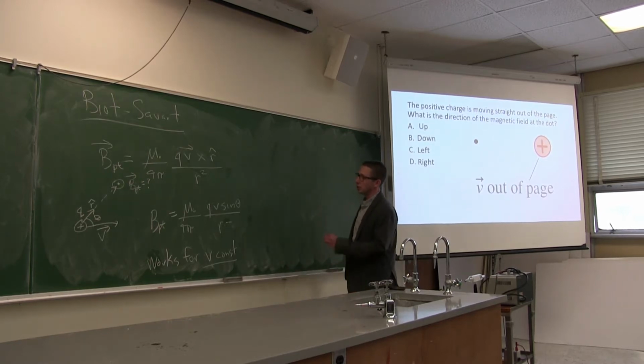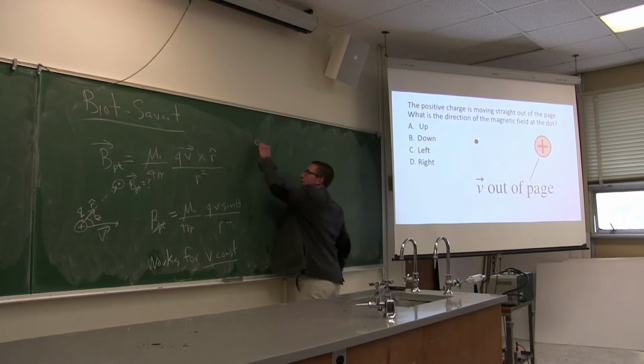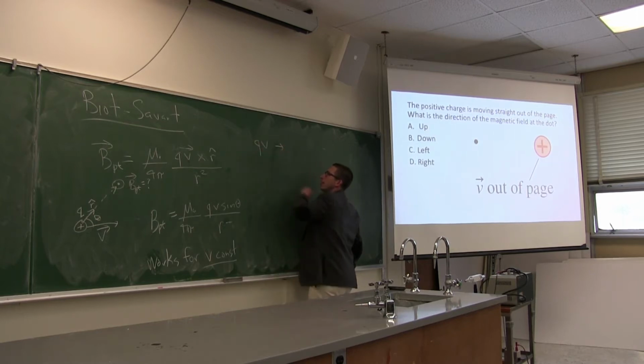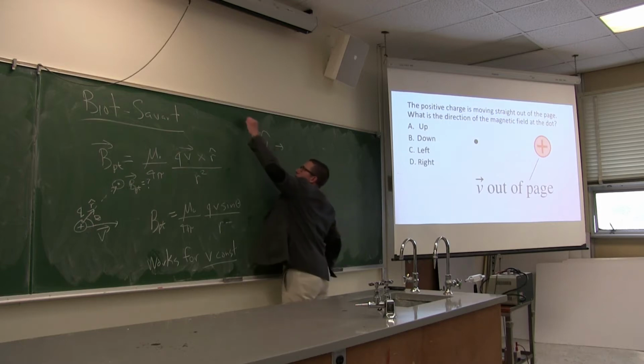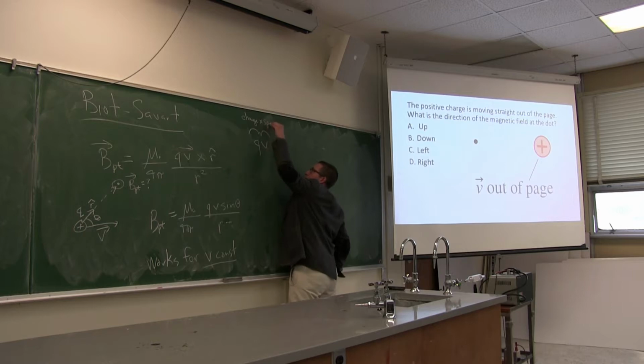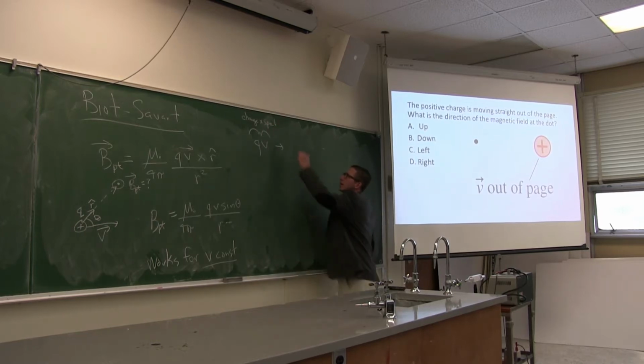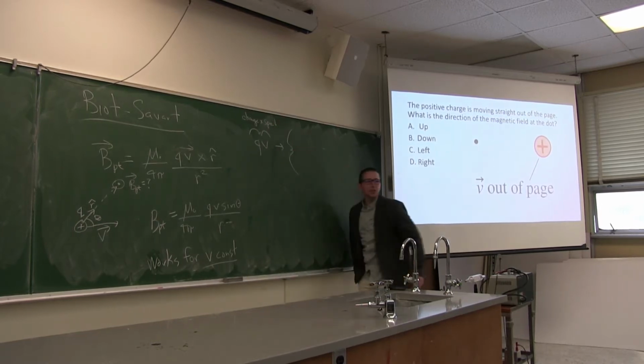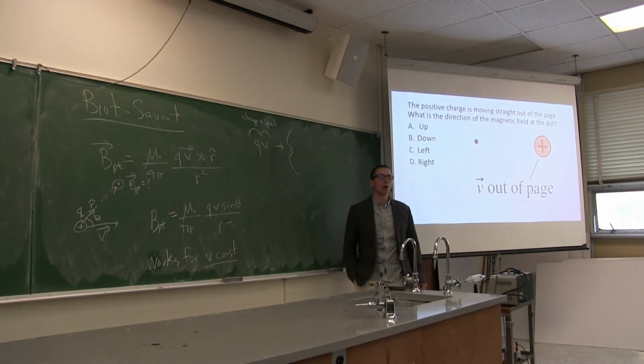So I wrote last day something similar to QV. And by the way, QV has units of, well, what? Unit charge times speed. So if I'm dealing with more than one charge that's moving, I might want to express Q times V in another way.